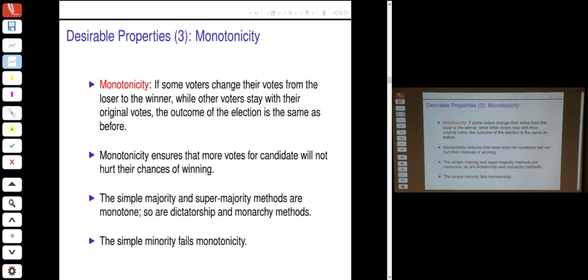Or maybe, if you think of a method in which there are multiple candidates and the candidate who gets the most votes wins.